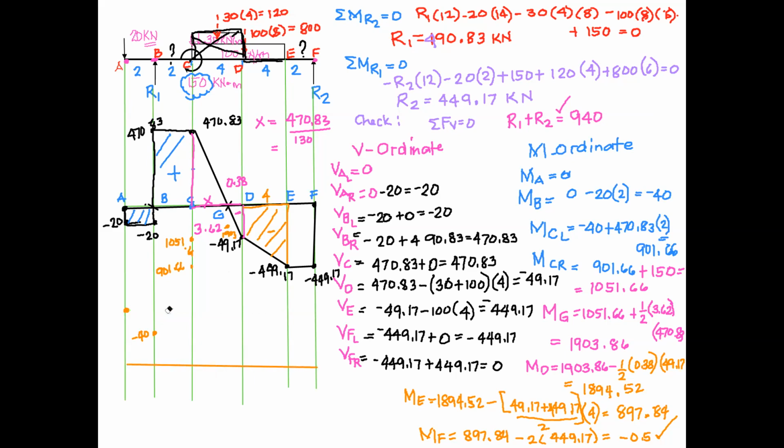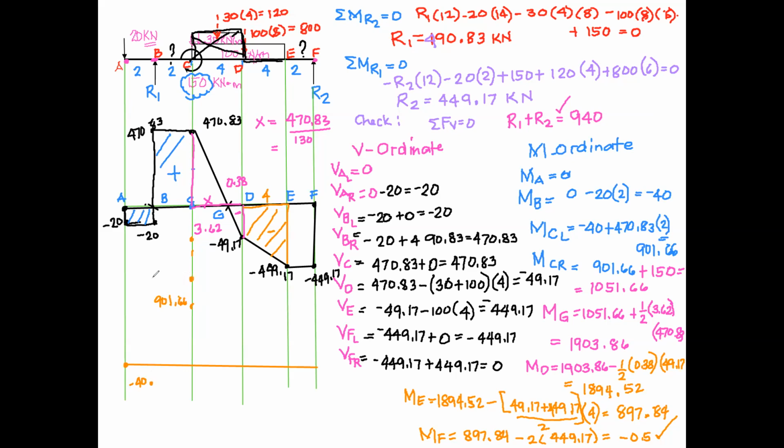I have to erase this. So I will have to start again with 0. Tapos dito is negative 40. Tapos sa C is 901.66.